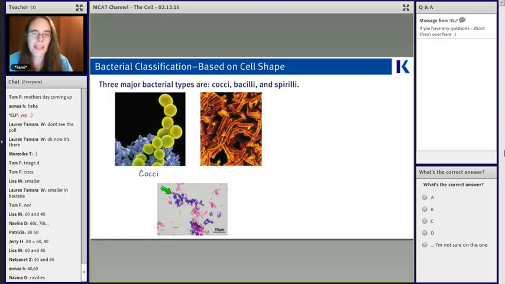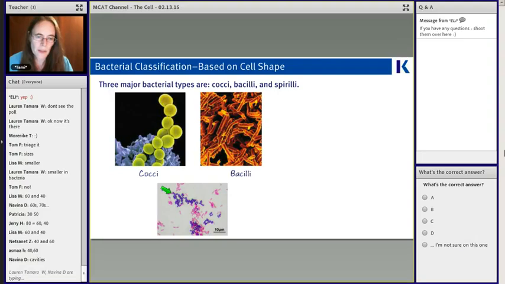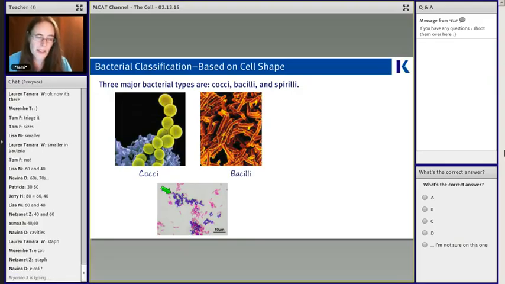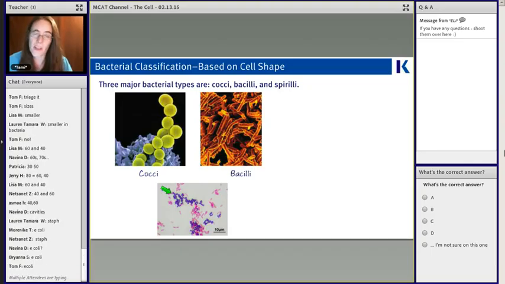The next is bacillus. These are nice and these are rod-shaped. What is the most common bacillus that you guys should all know? I know you've all heard of it. There's staph bacillus. Usually we see staphylococcus as well. But yeah, the big one I'm looking for is Escherichia coli.